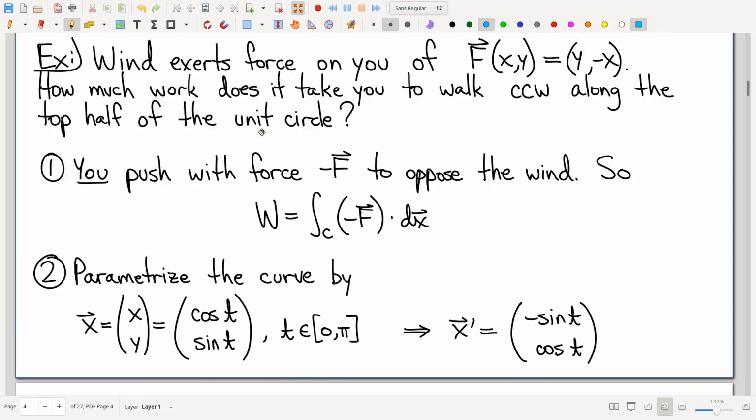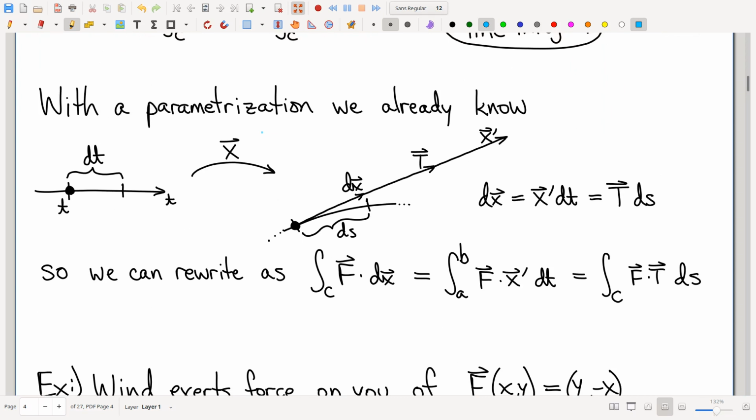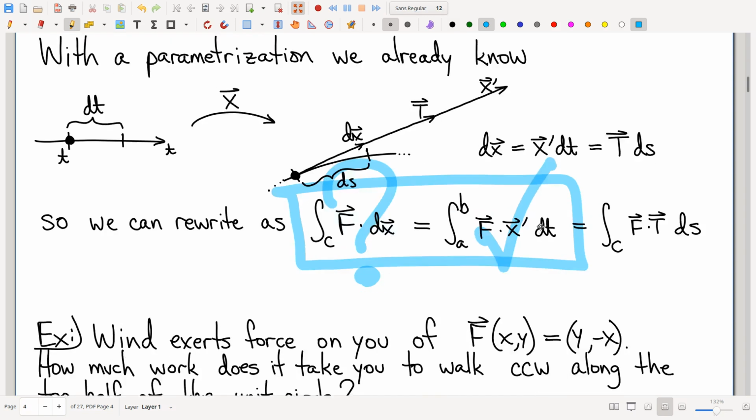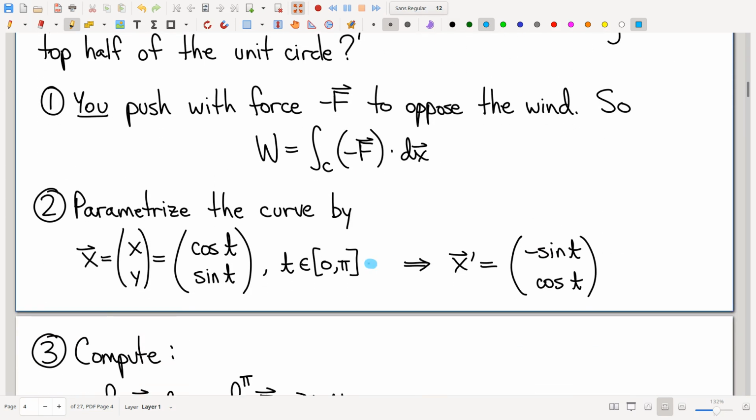I can see right here in my computational formula, if you want to compute a vector line integral, you're going to need to parameterize and compute x prime to plug in. So let's go ahead and do that. All right, we take the derivative. No sweat, easy to do. And now it's just a matter of plugging in.